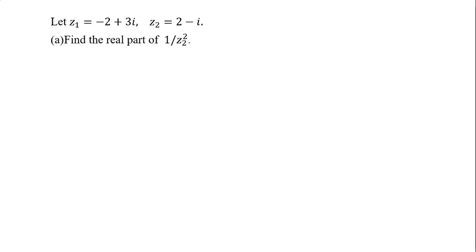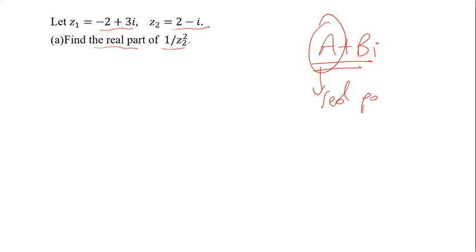Okay, let z sub 1 be equal to negative 2 plus 3i, and z sub 2 equal to 2 minus i. Let's find the real part of this problem. The real part, as I said, will be in the form a + bi. We will write it this way, and we will find this part here, the real part.